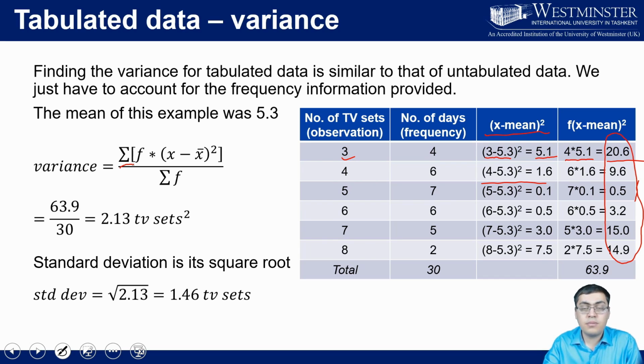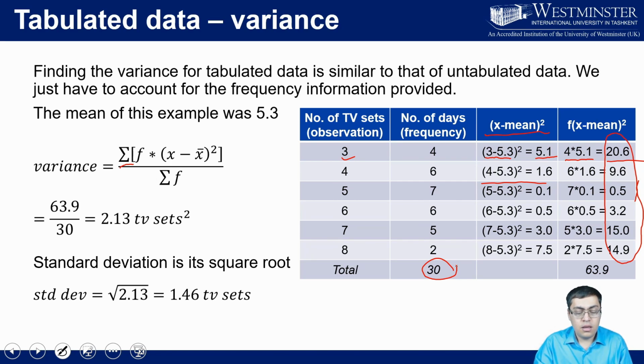And then I divide it by the total number of observations. In this instance, the total number of observations is equal to the total frequency here, because that is exactly what it's counting. So in our example, that is 63.9 divided by 30. My variance for the number of TV sets sold is approximately equal to 2.1 TV sets squared.